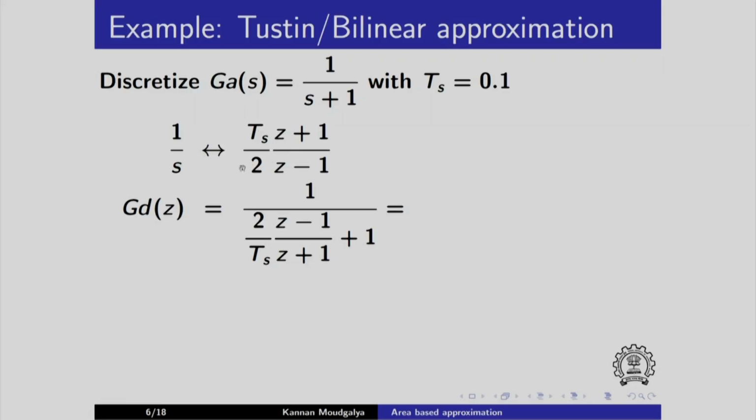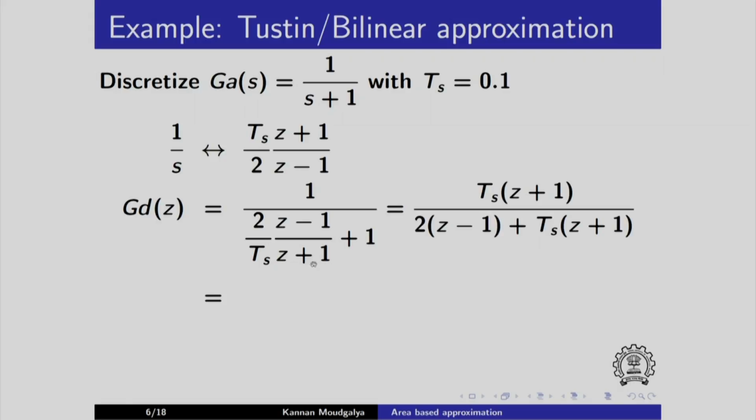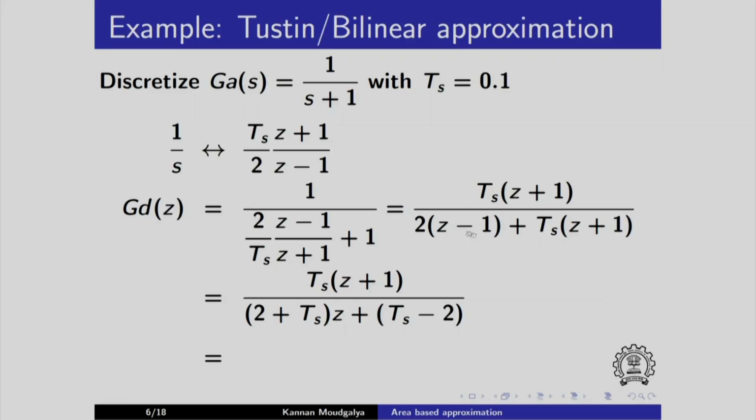So the reciprocal of the first term is 2 over Ts, and for the second term we get z minus 1 by z plus 1, plus 1. Let us simplify this. Ts into z plus 1 will come here and also in the numerator, and then let us group the terms. So here the coefficient of z is 2, here the coefficient of z is Ts, so I get this, and the constant term is minus 2 here and then Ts here.